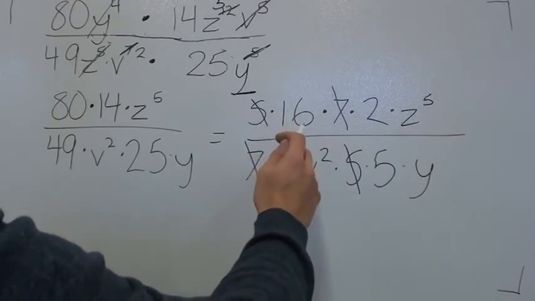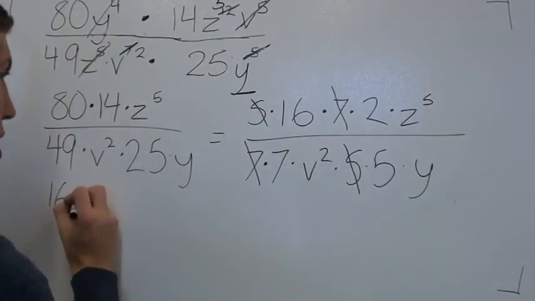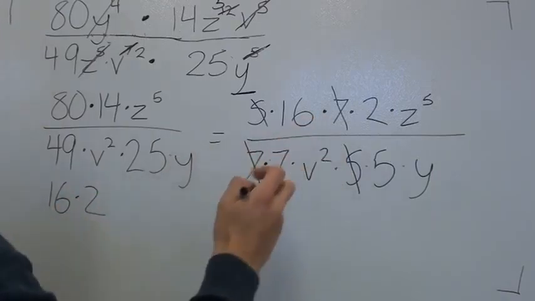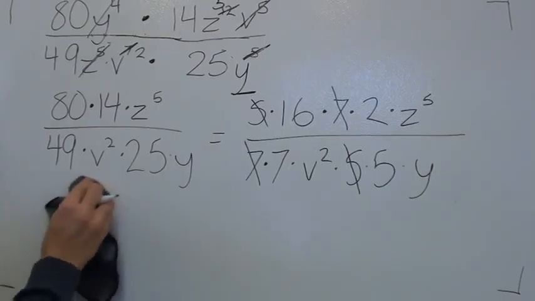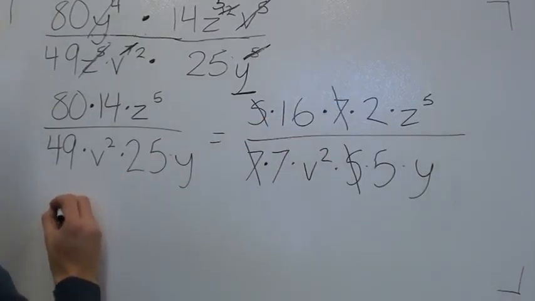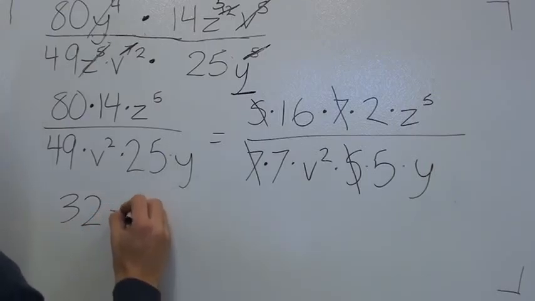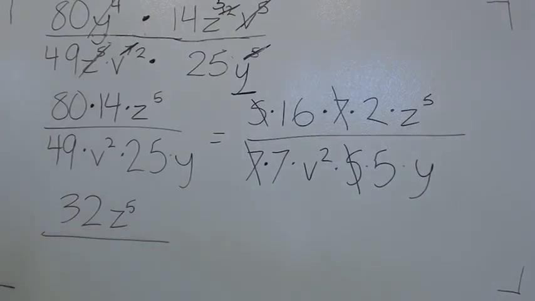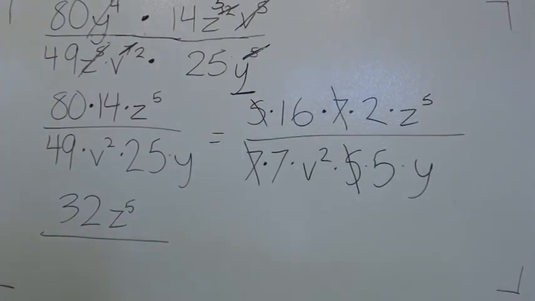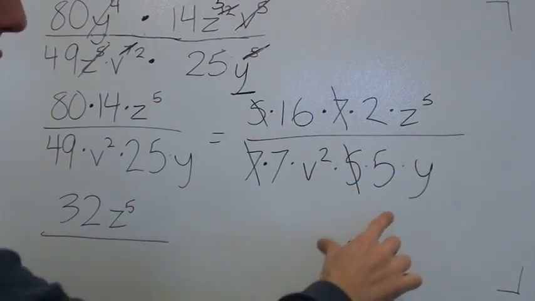So this 16, I'm just rewriting down here, 16 times 2, I'm just going to multiply that out. 16 times 2 is going to be 32, z to the fifth, and the bottom right here, 7, and remember how you can change the order?